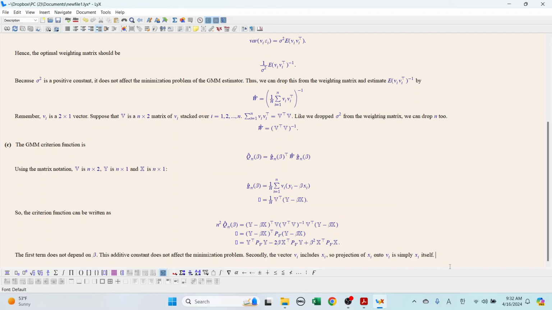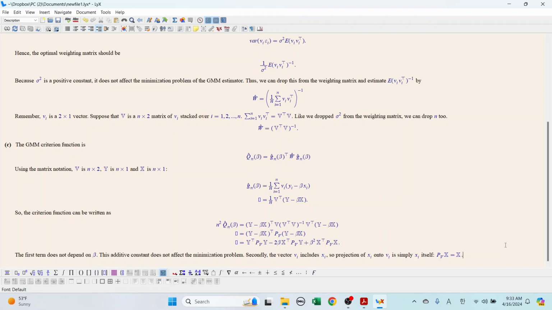You already have all the information of X in V. So your explanation will be X itself. That is written as P_V X is X, right? This is a property of the projection matrix. A projection matrix always satisfies this: projection onto the same vector is the same vector.